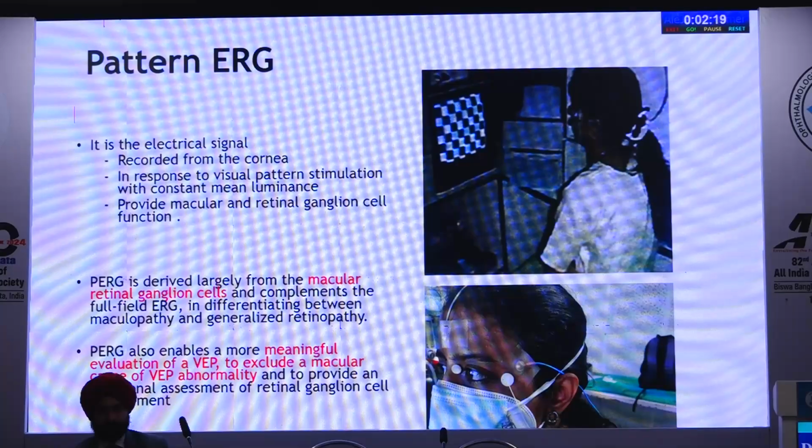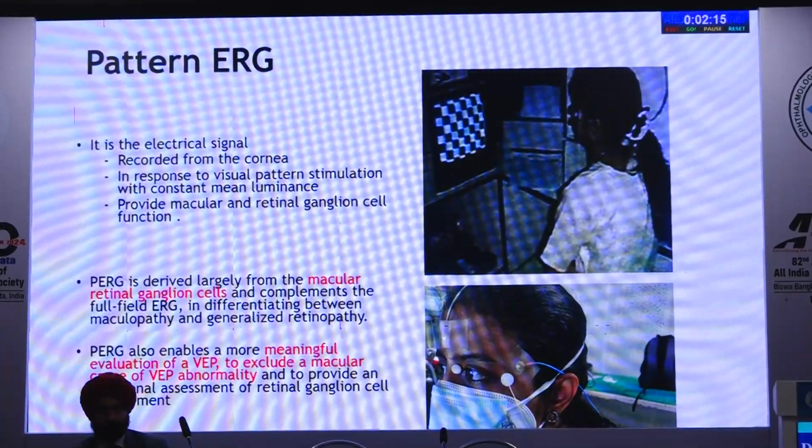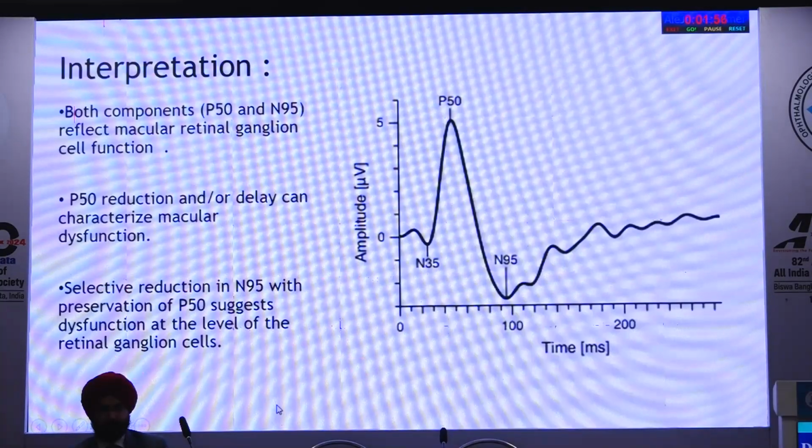So based on the VEP alone, we will not be able to detect whether it is an optic nerve or a macular dysfunction when there are no other associated signs like a relative afferent pupillary defect. So we always have to complement the VEP with the pattern ERG, which is derived from the macula and the retinal ganglion cells. It gives a meaningful evaluation for the VEP to exclude a macular cause of the VEP dysfunction.